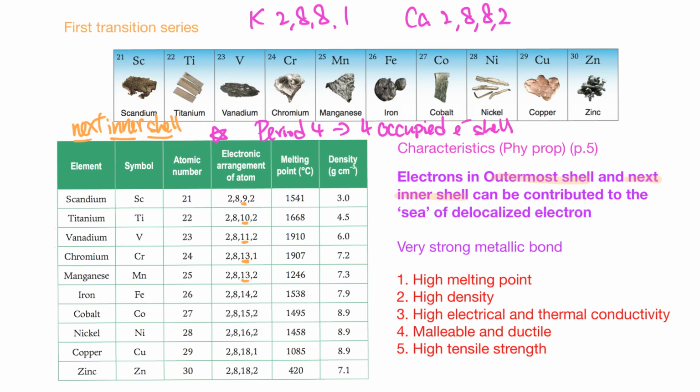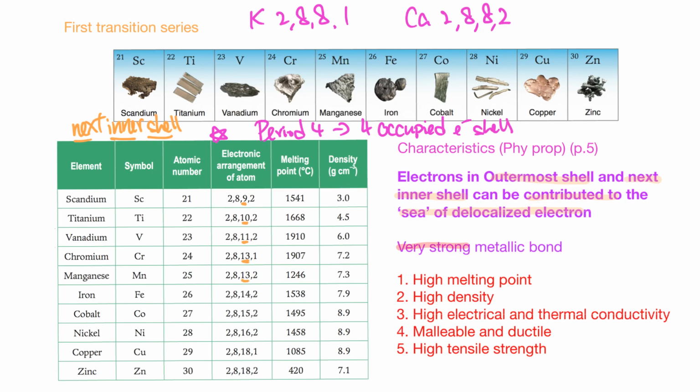The electrons in these 2 shells can be contributed to the sea of delocalized electrons. So not only do 2 electrons in the outermost shell contribute, but they may have more than 2 electrons getting in. That's why normally the metallic bond is very strong, because some of them may contribute 2, some may contribute 3, and so on. So the metallic bond is quite strong.